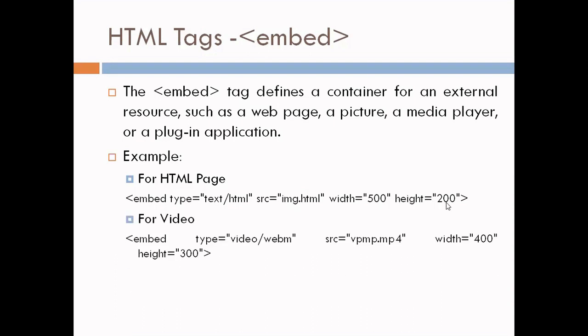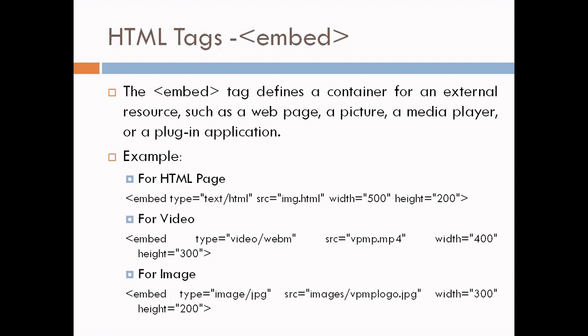To embed a video in our web page, we have to write embed type is equal to video/webm, src is equal to vpmp.mp4. So here vpmp.mp4 is my video file. Then width is equal to 400 pixels and height is equal to 300 pixels. Now to embed an image in our web page, we have to write embed type is equal to image/jpg.